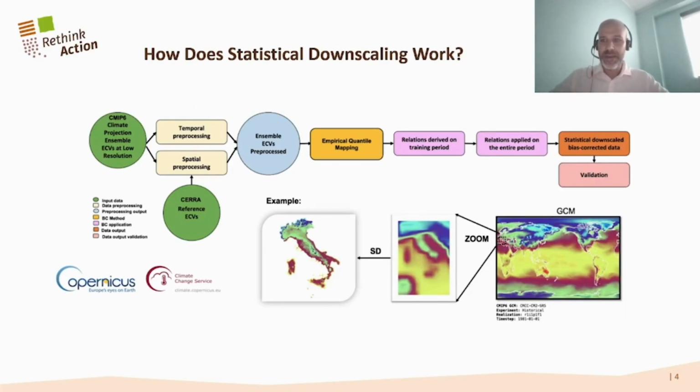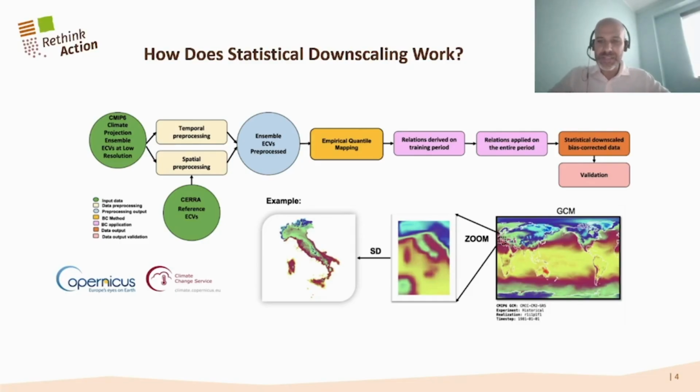Imagine you have climate data from a large-scale model, and you have also past records for your area, things like temperature and precipitation collected over the last 30 years. These records can come from weather stations or special datasets, reanalysis, that combine models with observations.